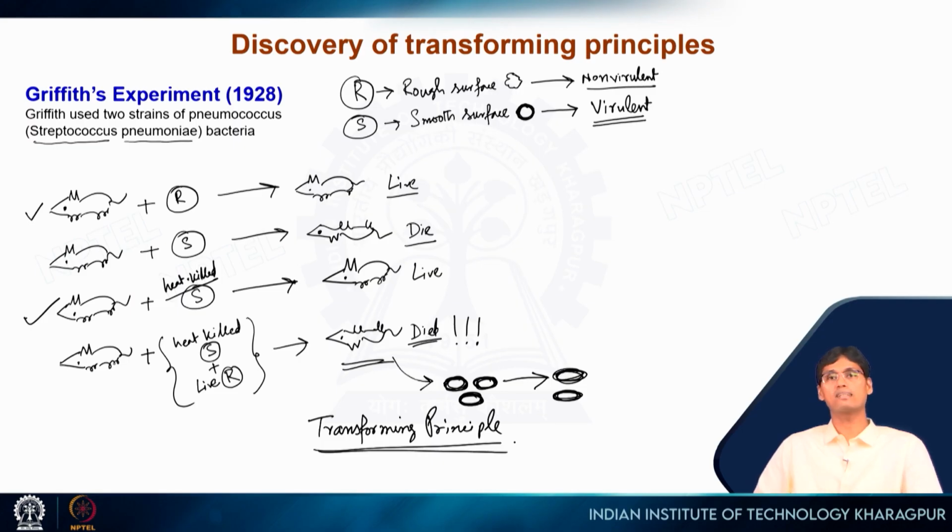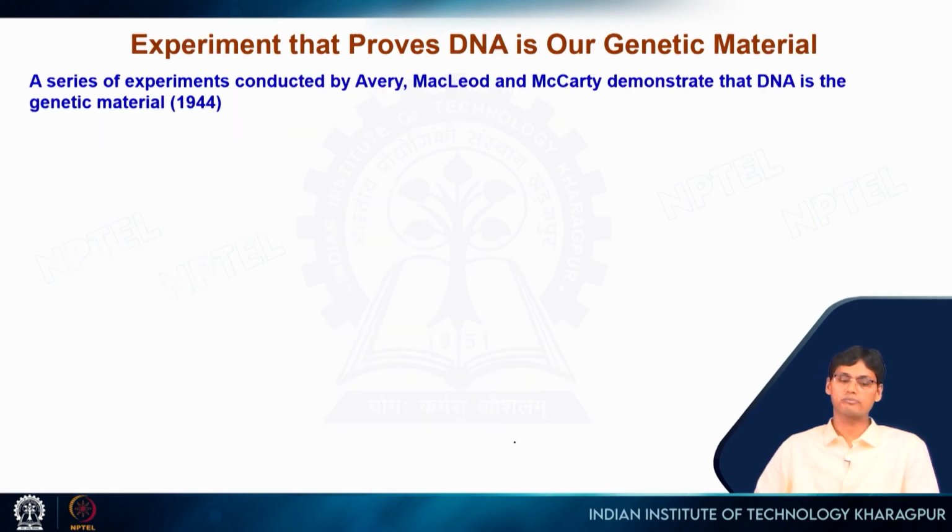As a result, the bacteria can survive, escape the host immune system, cause the disease, and kill the mouse. But all these things came later, through some other group of scientists.